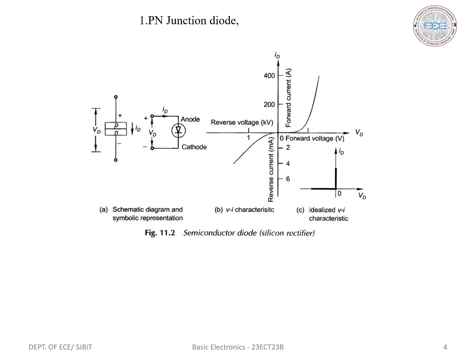Next, we have the characteristics of an idealized VI diode, that is, the forward characteristics as well as the reverse characteristics of a diode. First, we'll consider the forward characteristics of a diode. The behavior of a PN junction diode is indicated by the volt-ampere characteristic, that is, the VI characteristics.